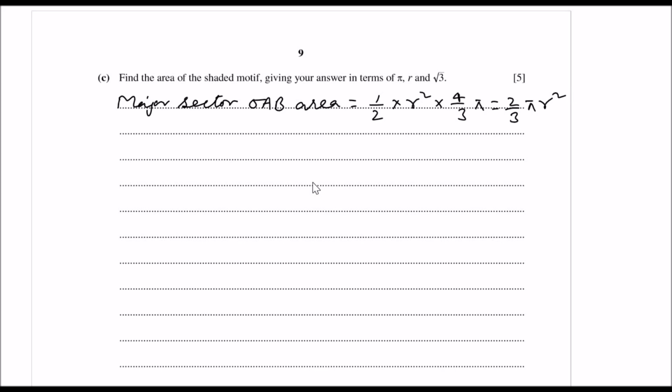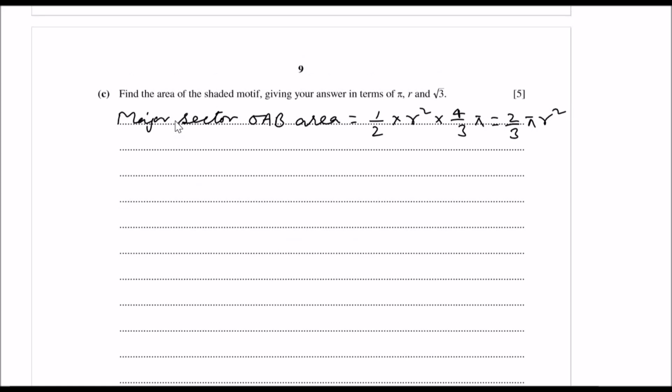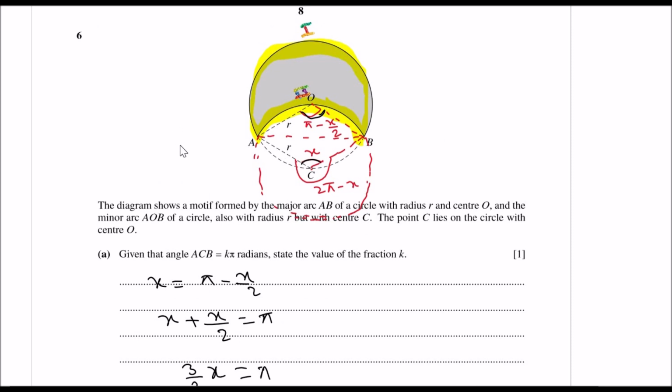Now area of triangle CAO. Look at the diagram. So what we can do, we can join this CAO.